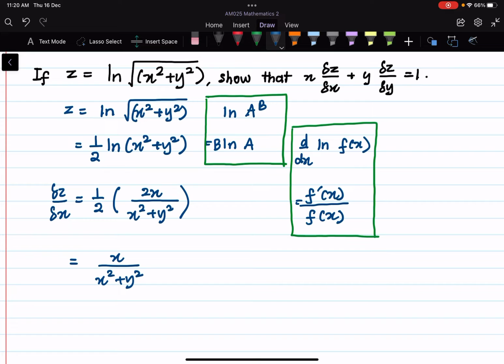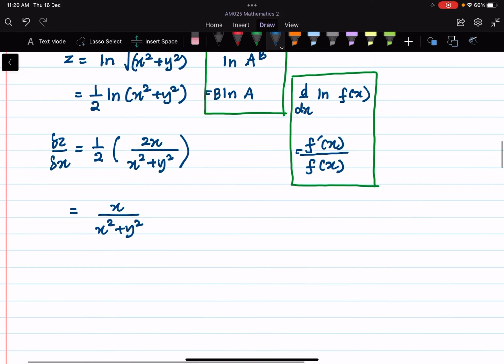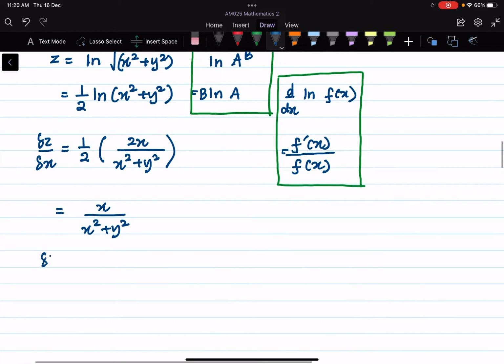So we're going to do the same thing for the first partial derivative with respect to y, which is ∂z/∂y. So ∂z/∂y equals, write down the constant 1 over 2, then differentiate ln of x squared plus y squared with respect to y. We're going to use the same rules: differentiate over, copy down.